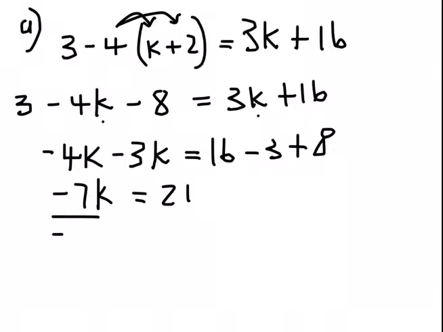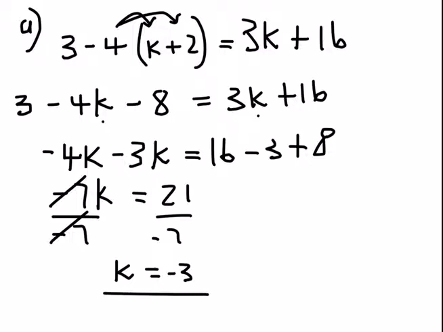Remember, you need to detach that because it is actually k that you are looking for, and it will definitely be equals to, but remember we divide by negative that, it will be negative 3. Yes, it will be negative 3. So this should be the end of it.